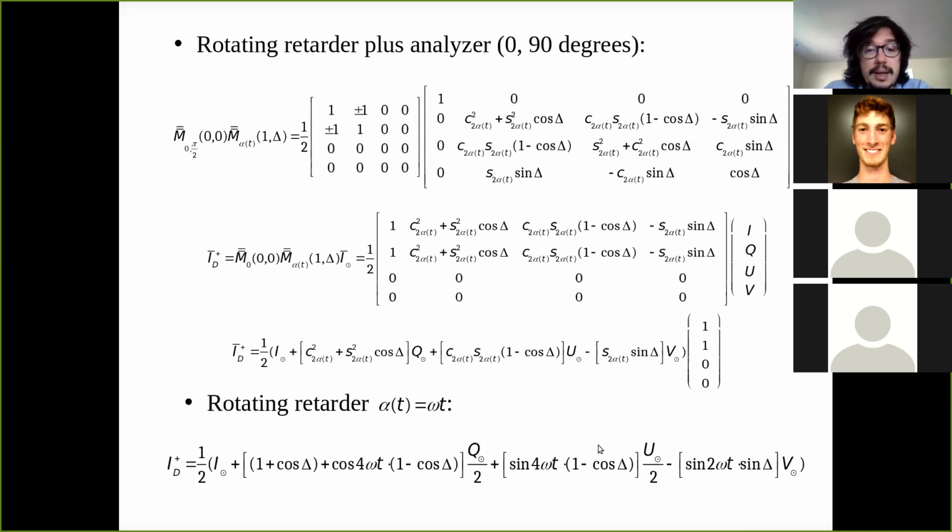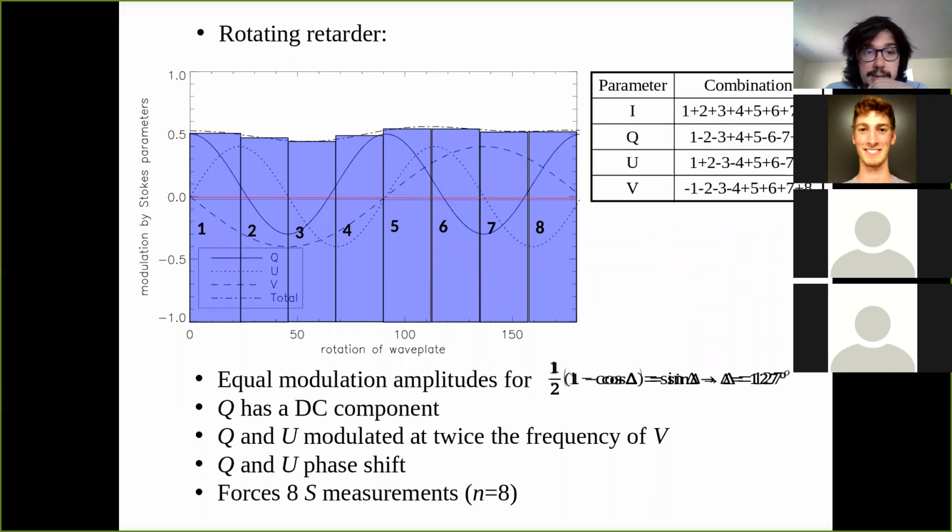But then again, we want 8 different steps, and we want Q, U, and V to enter in all of the equations. That's one of the assumptions of this modulation scheme, that Q, U, and V appear everywhere, right?